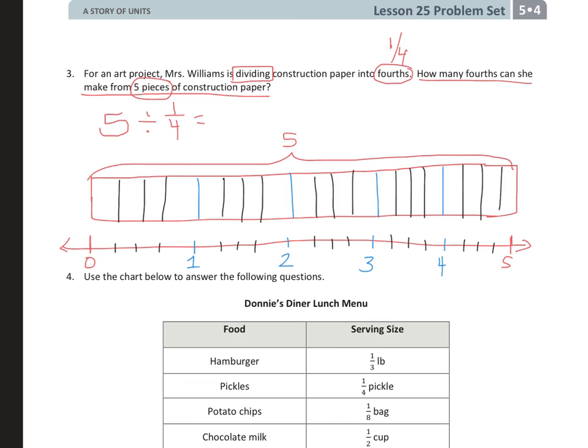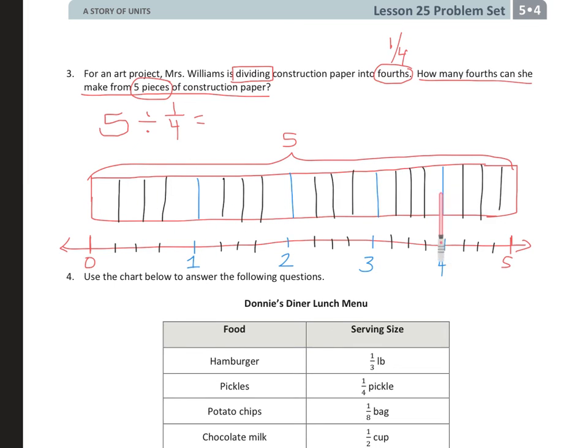So now you can see I've taken those 5 whole pieces of construction paper. I took each whole and I broke them into fourths. So here's 4 fourths. 2 wholes would be 8 fourths. 3 whole construction papers would be 12 fourths.